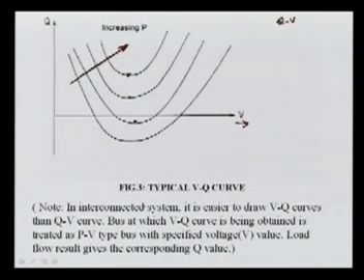In an interconnected system, it is easier to draw VQ curves than QV curves. The bus at which this VQ curve is obtained is treated as a PV type bus, with a specified voltage value V. The load flow results give the corresponding Q value, so you can keep on increasing your load P and then solve your power flow equation.